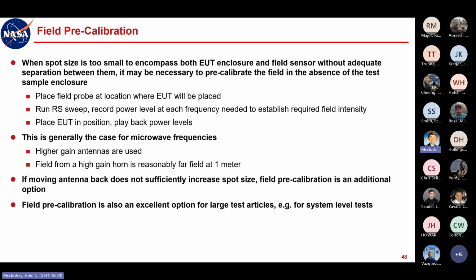So there are different schools of thought on this, and even if we're doing a pre-calibration test, we'll almost certainly still stick a field probe in there just to get some indication that we are indeed applying a field. If it's truly a pre-calibration test, then we're not going to be leveling on it, but we're just going to monitor the level that we're getting from the electric field probe just to verify that we are indeed transmitting something. So that's my take on pre-calibration.